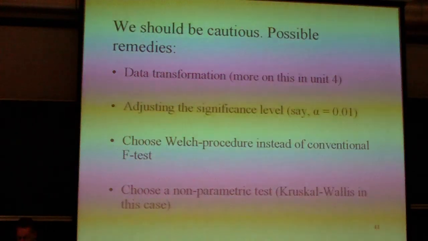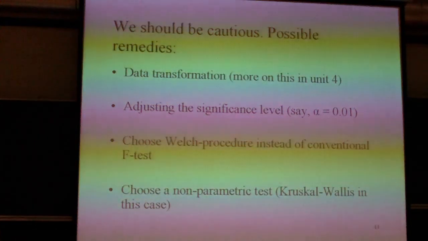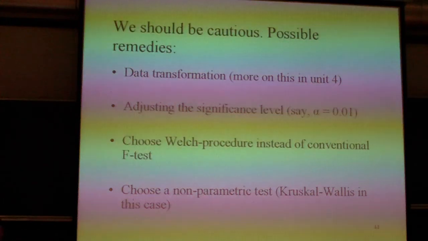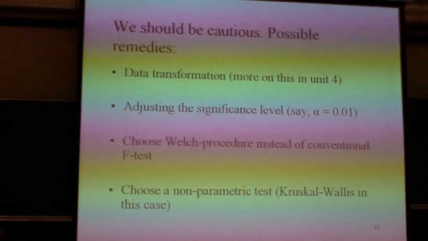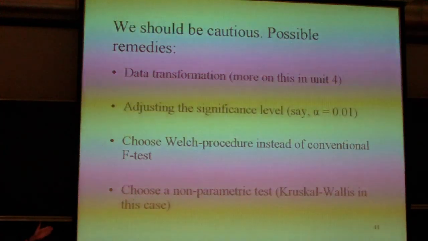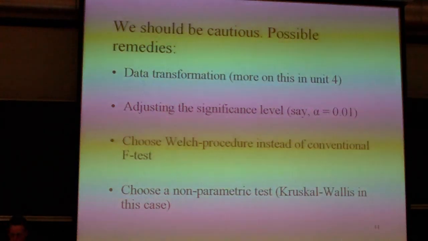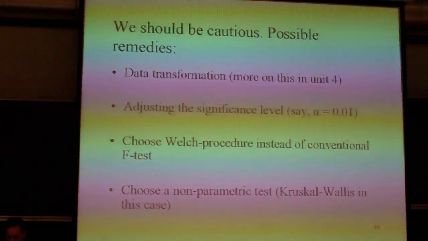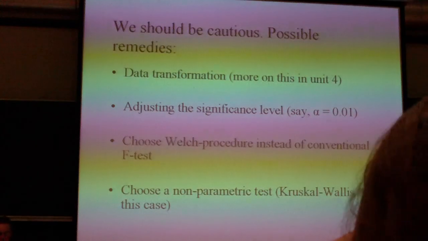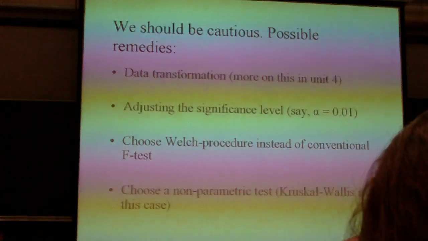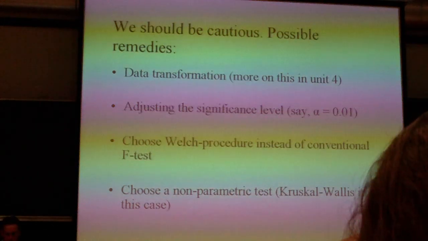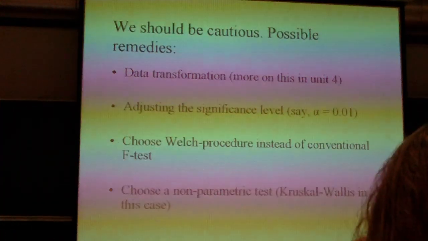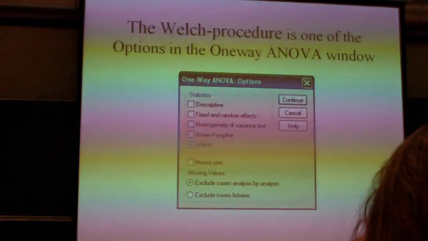So if you do a non-parametric test, you don't have to worry about the assumption of equal population variances, but the price you pay is that you lose a certain amount of statistical power because the non-parametric test ignores the quantitative information and only focuses on ordinal information. So these are things you can do if you're faced with a problem of heterogeneity of variance.